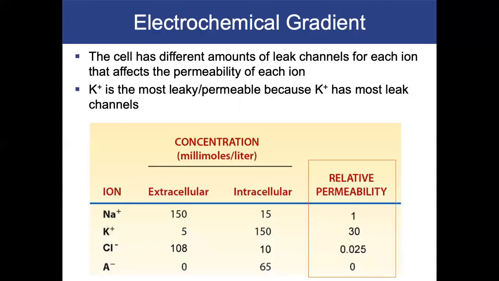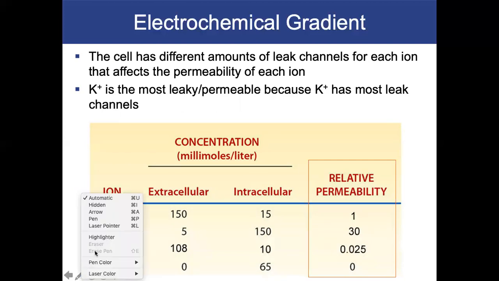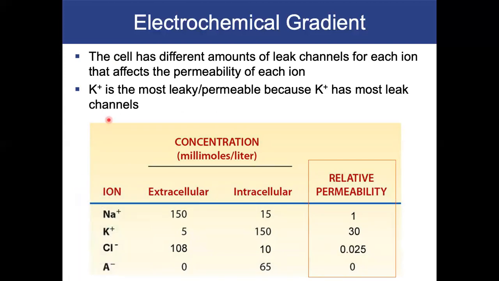Okay. Take a look at the permeability. How do we know how many leak channels we have? The cell has different amounts of leak channels for each ion, and this is going to affect that cell. Potassium is the most leaky because it has the most leak channels. So take a look at those ions.